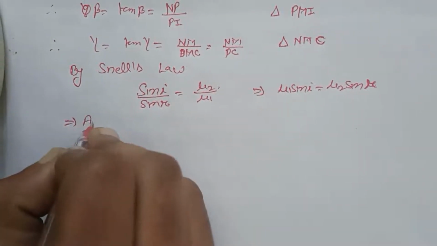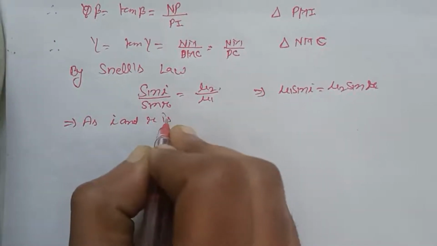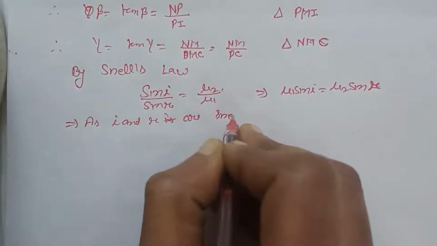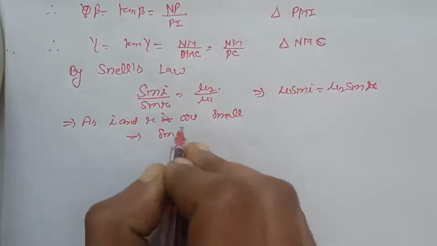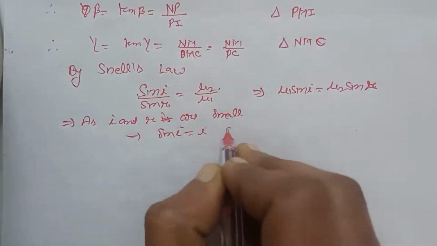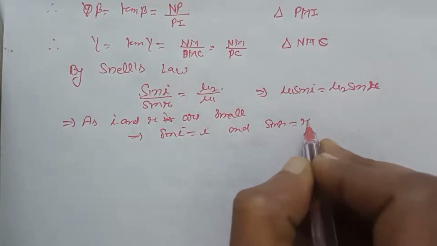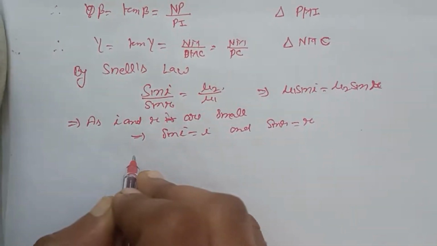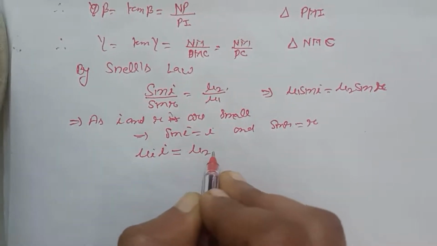As i and r are small, sin i equals i and sin r equals r. Then the above equation becomes mu1 i equals mu2 r.